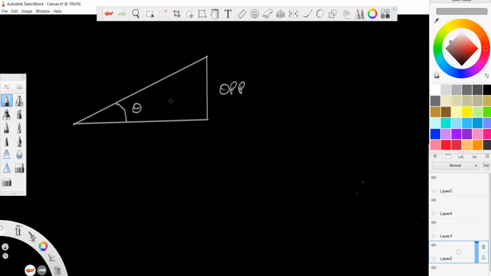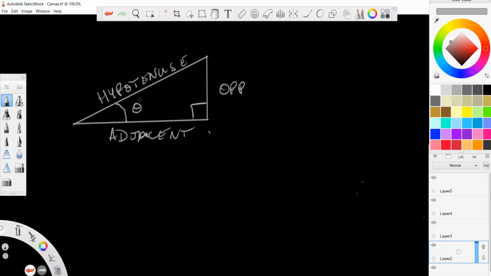Literally, it's the side that doesn't touch the angle. Whereas this one's adjacent to the angle, it touches that angle. And this side is called the hypotenuse just because that's what the Greeks decided to call it. That's just the Greek word for the longest side of a right angle triangle. And this angle here is always a right angle.